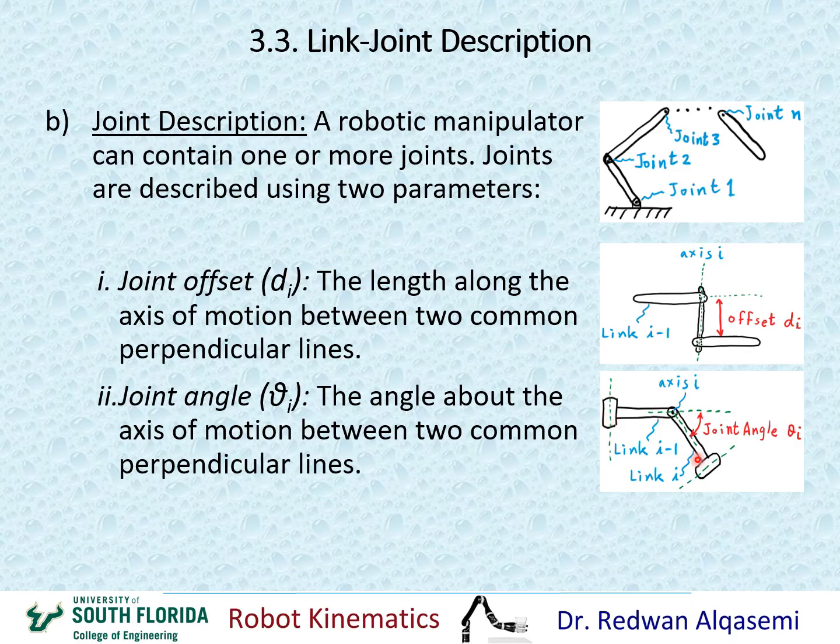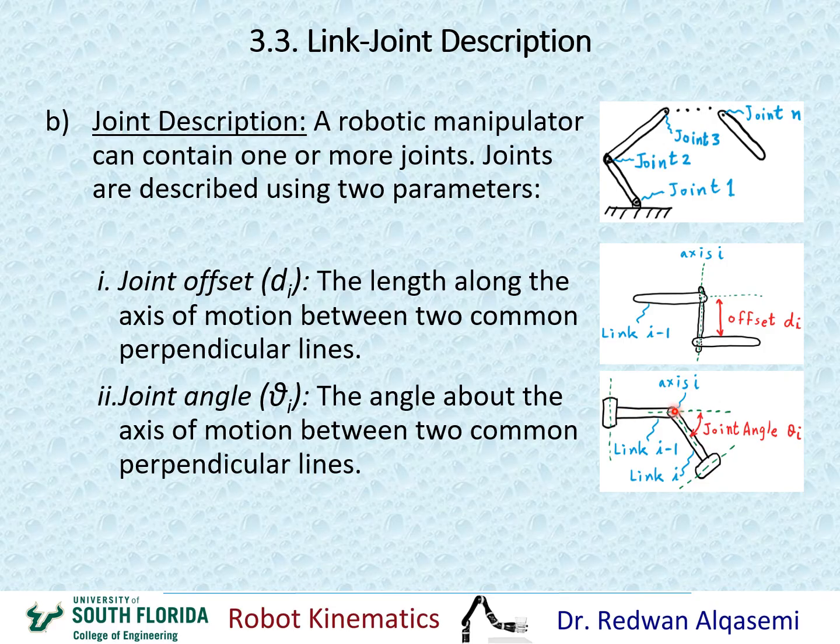Okay, and then if we look at axis I plus 1 right here, there's a common perpendicular between axis I plus 1 and axis I, which is this dot, and that common perpendicular would be this line. Okay, so this is one common perpendicular, and this is another common perpendicular. And the joint angle is the angle between these two common perpendiculars, this one and this one.